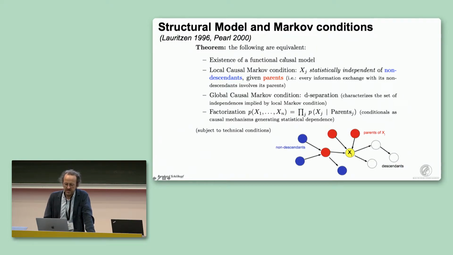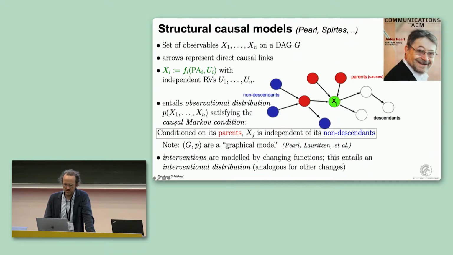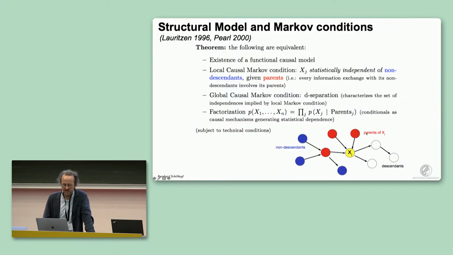Now, I won't go through this in detail. I just said a functional causal model implies the local causal Markov condition, which is this conditional independence. It turns out this local causal Markov condition also implies a global one that uses a graph theoretic notion called d-separation.